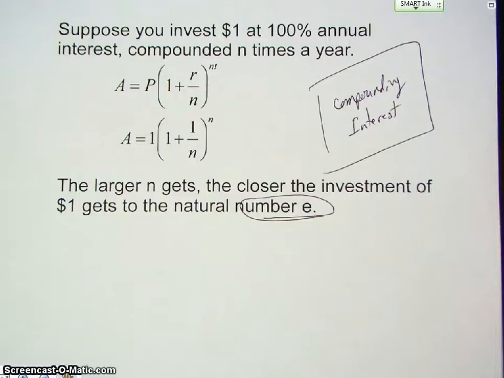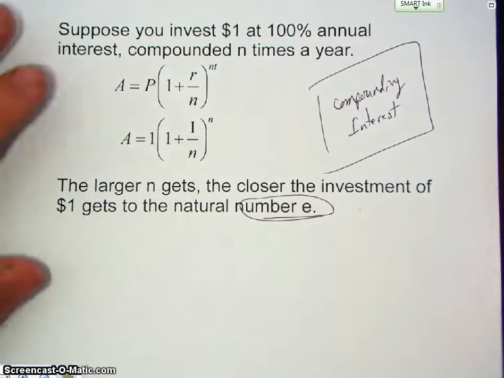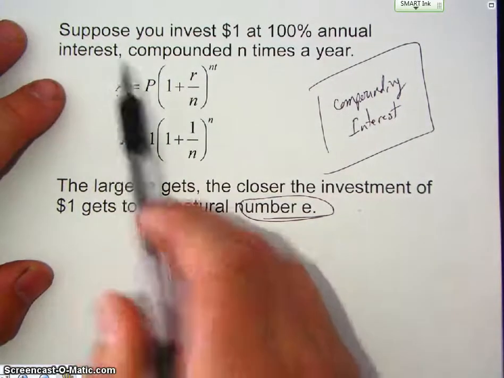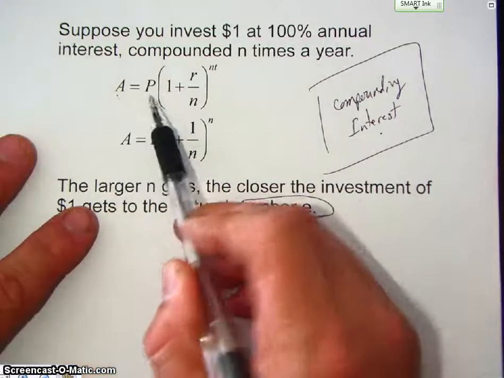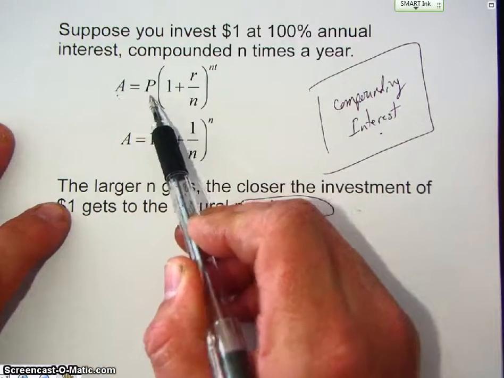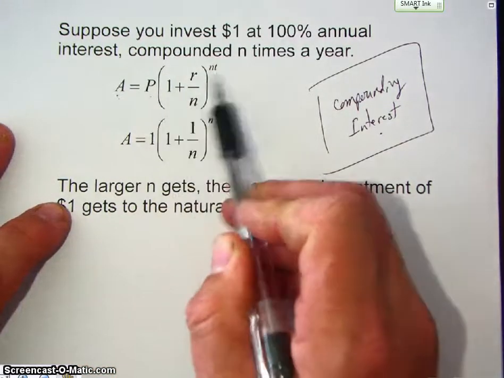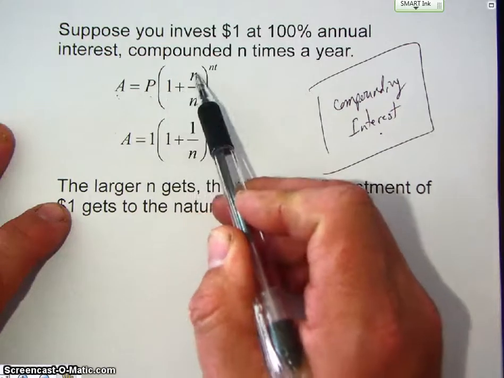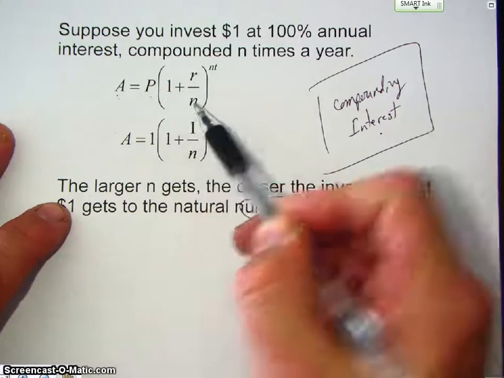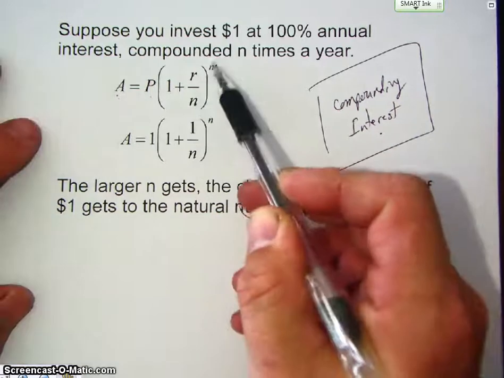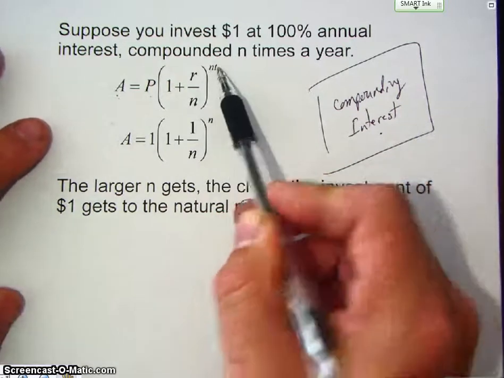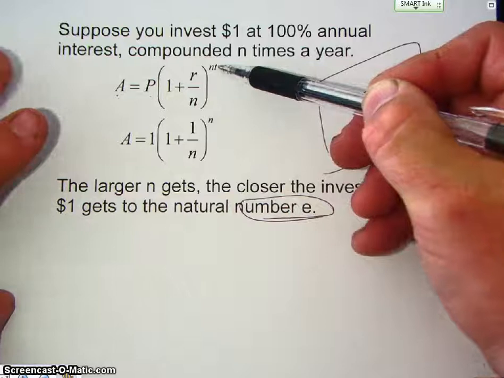That is probably the most real place where most of you, if there's a chance you'll see it, that's where it'll be. The formula for compounding interest is A equals P, the principal, times the quantity of 1 plus the rate divided by n, raised to the power n times t, where t is time.